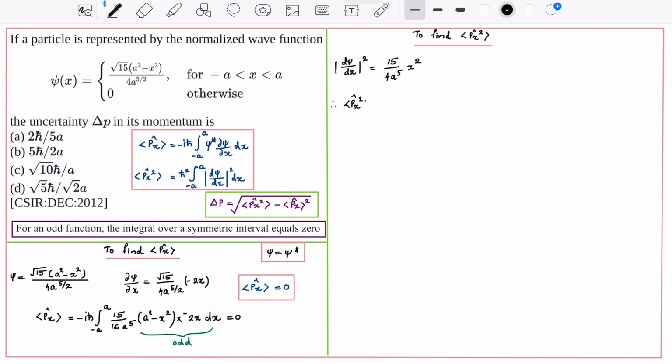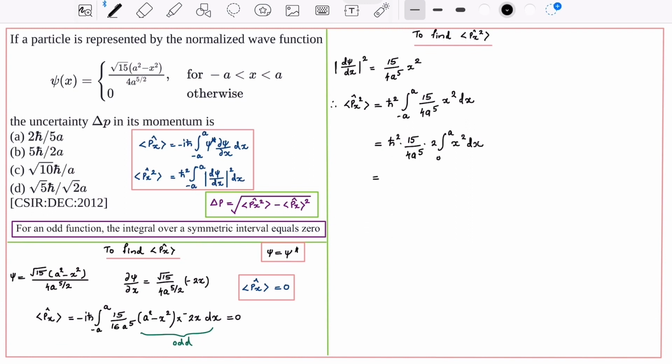Now we can calculate the expectation value of px square. This is equal to h bar square integral minus a to a 15 divided by 4 a raised to 5 into x square dx. This is equal to 15 h bar square by 4 a raised to 5. The integral can be represented as 2 times integral 0 to a x square dx.